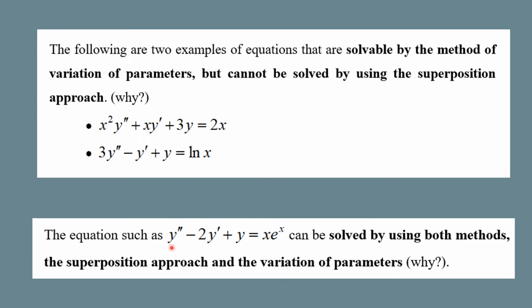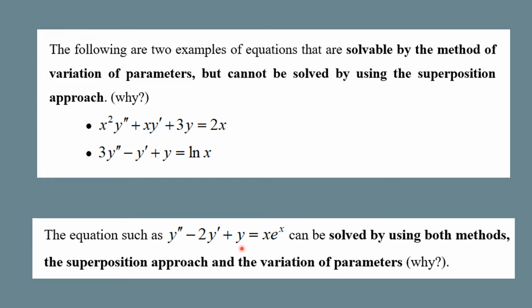What about this equation? y double prime minus 2y prime plus y equals x e to the x. Can we use the superposition approach? Yes, we can, because the coefficients are all constants. At the same time, g(x) is a product of a linear function and an exponential function. So the two criteria to apply the superposition approach have been met, and therefore we can solve it using that method.